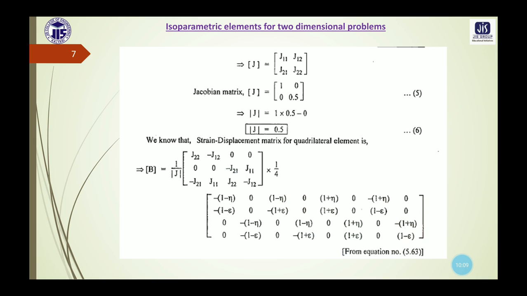So this is actually a very complicated formula to calculate the strain displacement matrix. So we need to practice a lot to remember this formula of the strain displacement matrix for this isoparametric element.